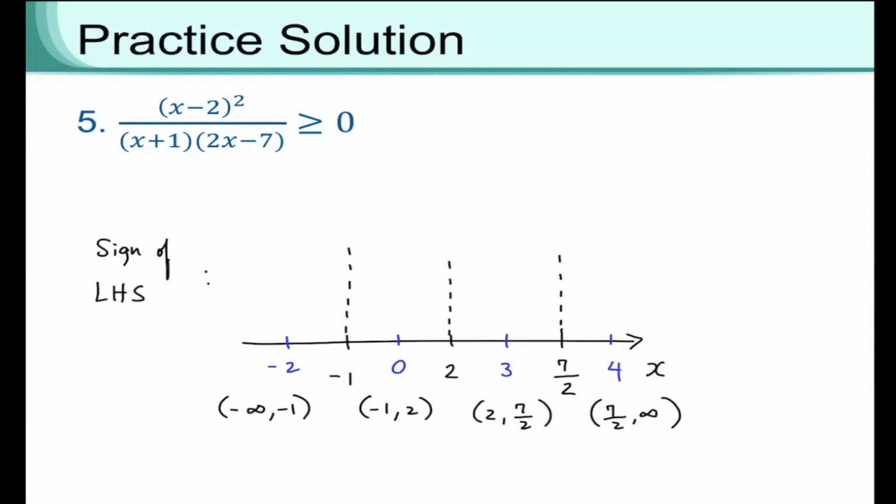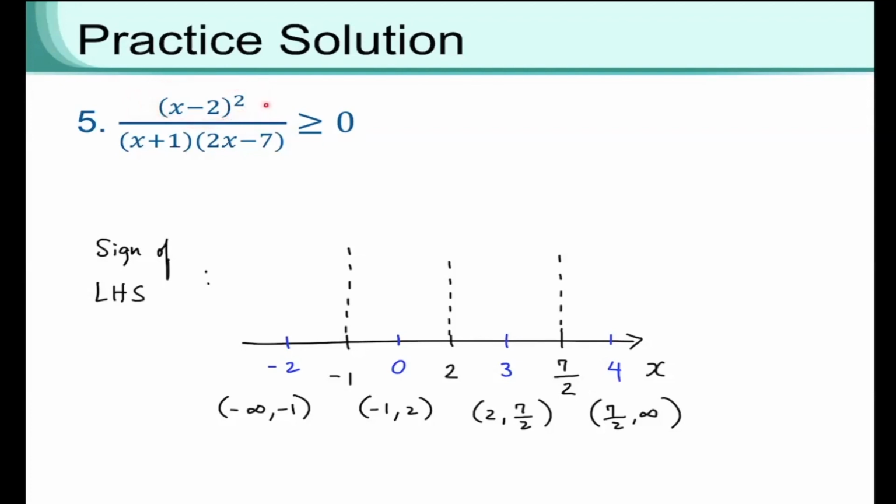Okay. So when x is equal to -2, as you can see here, the numerator is quantity x minus 2 squared. So when you square a number, that is always greater than or equal to 0. But we're excluding here the values of x that will make it 0. So this is always positive.